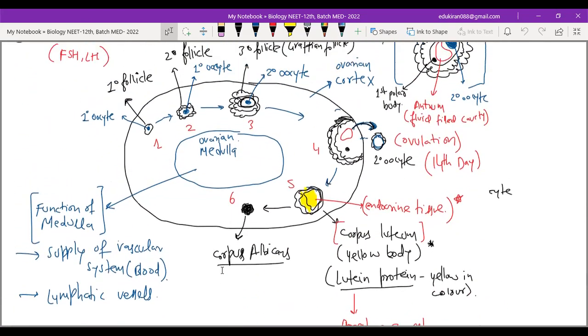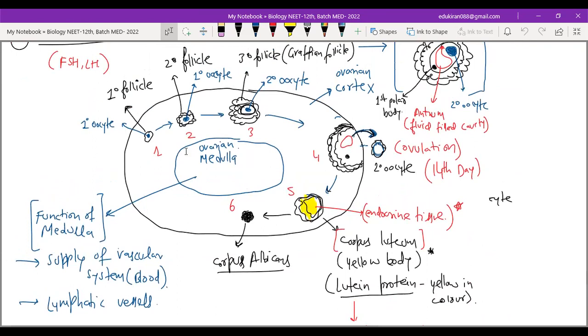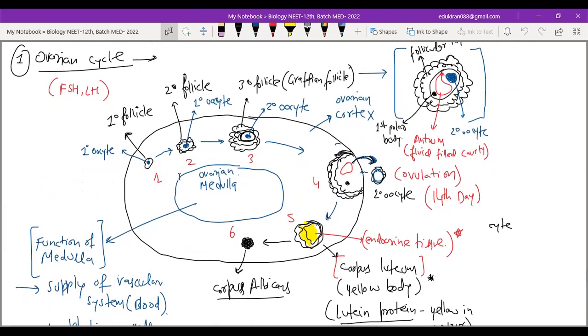What else did we study about the ovarian cycle? The ovarian medulla, cortex and medulla. Matthew, would you like to talk about cortex and medulla? Also the Graafian follicular structure.